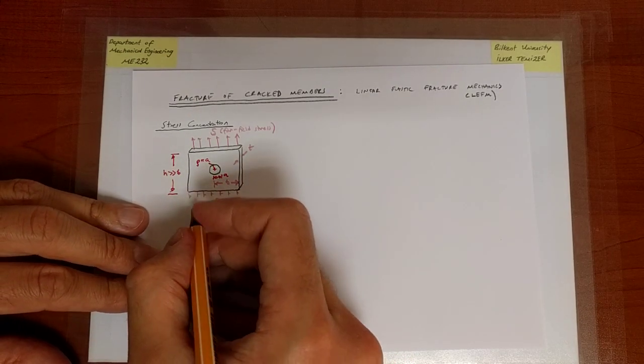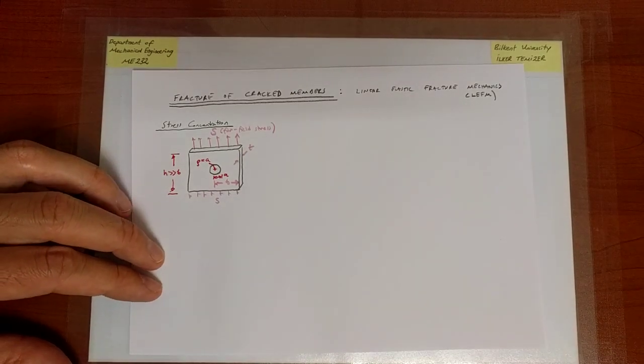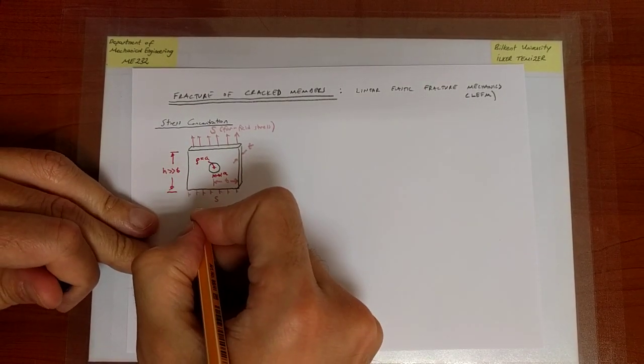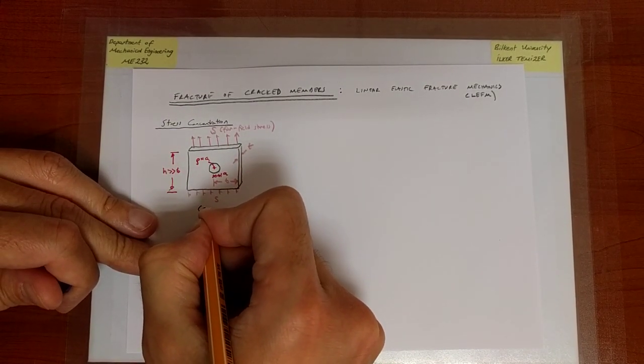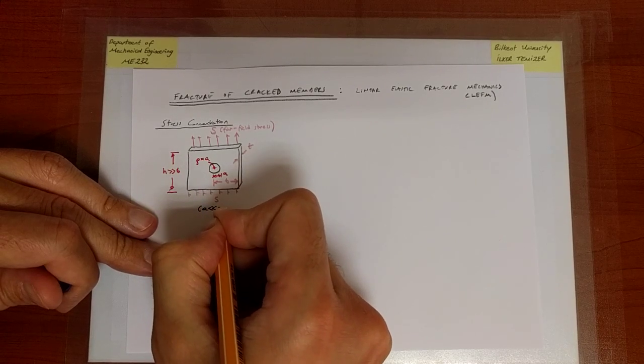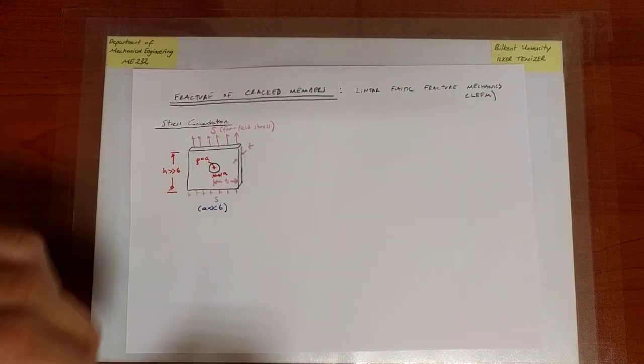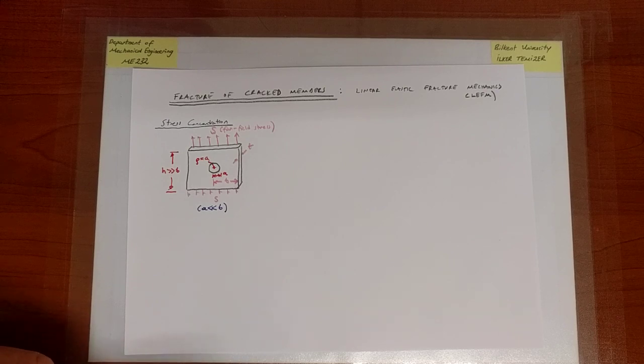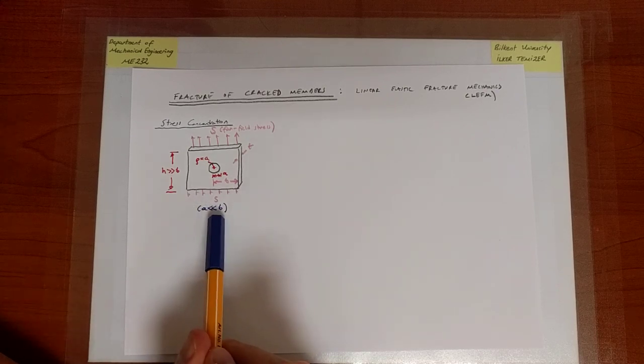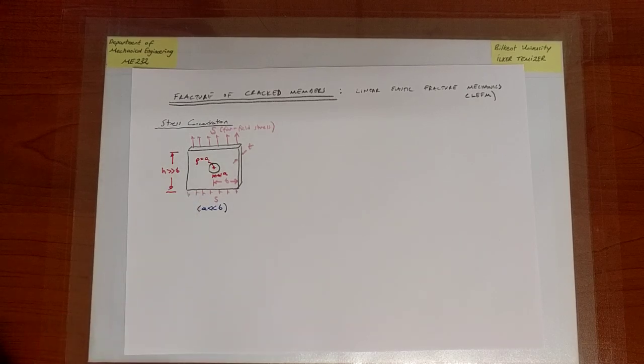Now, eventually, I will also impose the condition, and this is very important, that the hole is much, much smaller than the width of the plate as well. But we'll do that in a second.